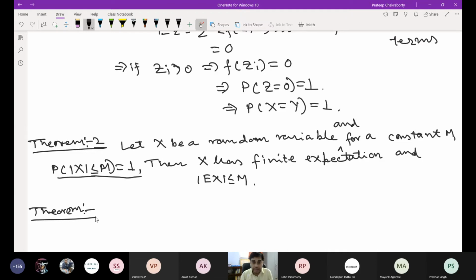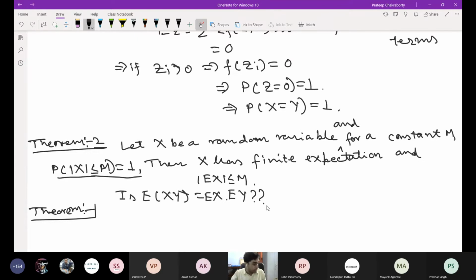So the expectation is additive. But can we expect that this is also multiplicative? That is, is E(XY) equal to EX into EY?